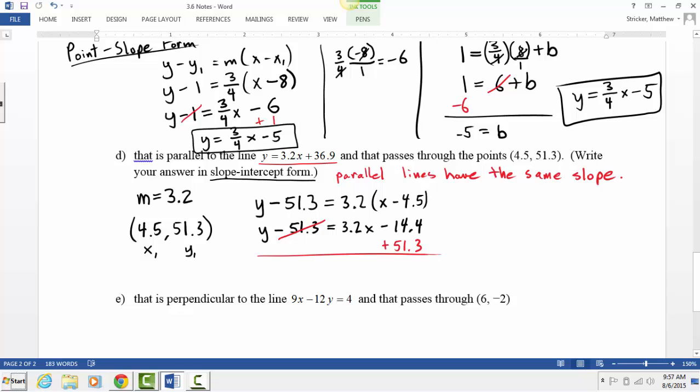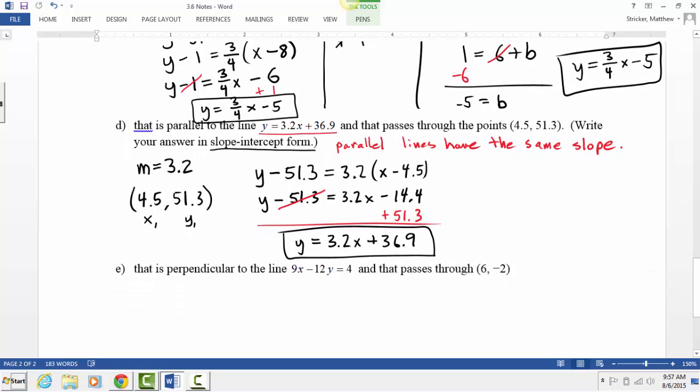We'll simplify here, and we get y equals 3.2x, and if I subtract 14.4 away from 51.3, I get 36.9. We get y equals 3.2x plus 36.9.